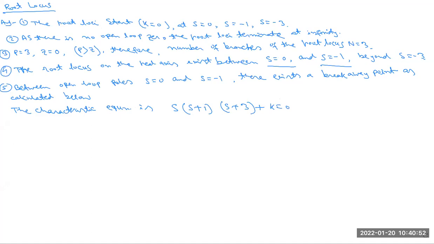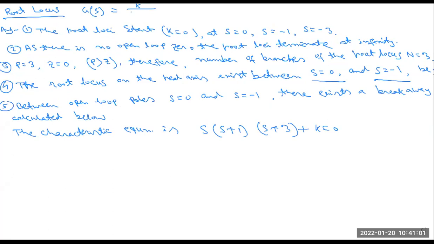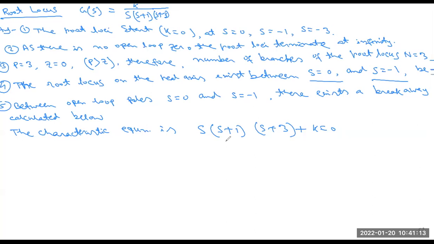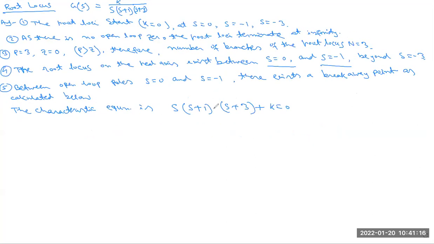We know the equation I have written here: G(s) equals k by s into s plus 1 and s plus 3. So these are the given characteristic equations. This is s into s plus 1 into s plus 3 plus k equals 0. So we have to calculate these equations.